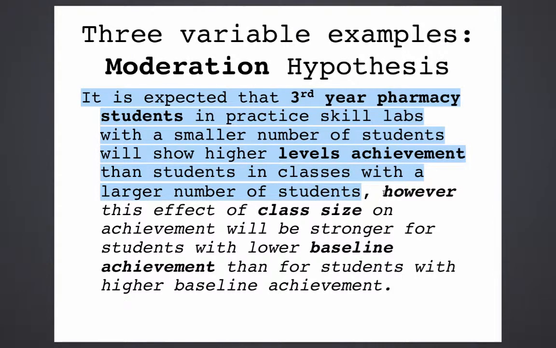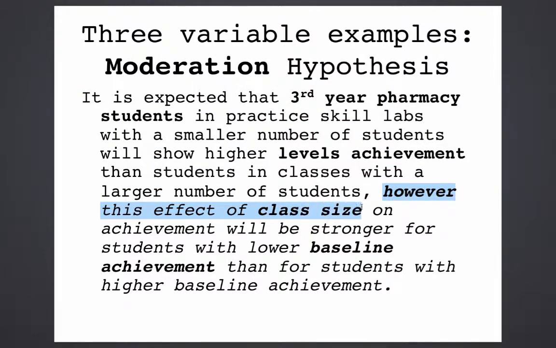Now it's saying, however, this effect of class size on achievement will be stronger for students with lower incoming or baseline levels of achievement than students with higher baseline levels of achievement.